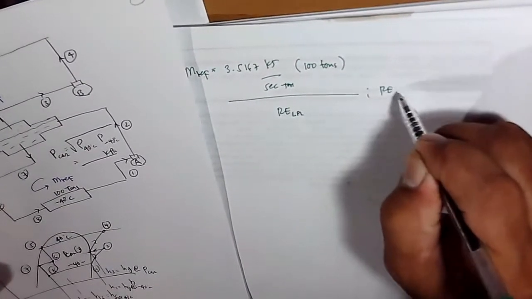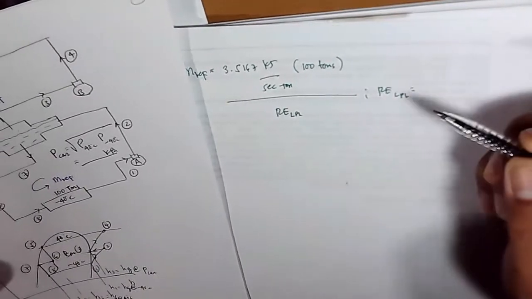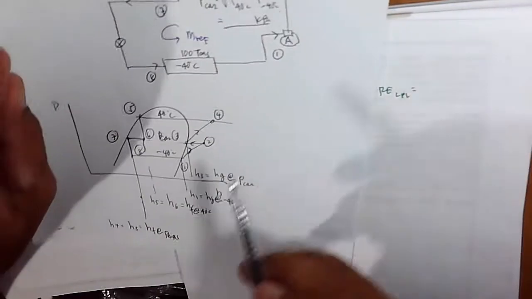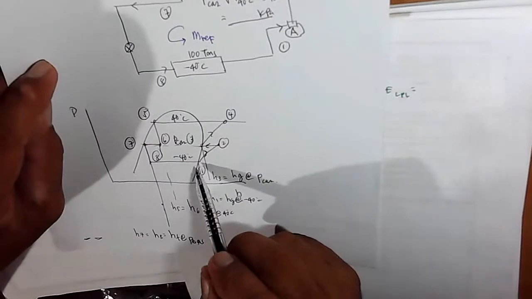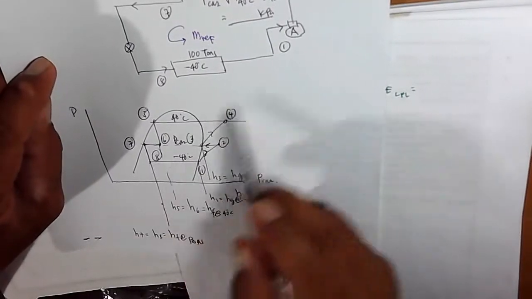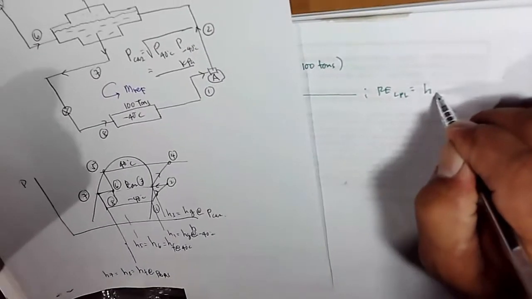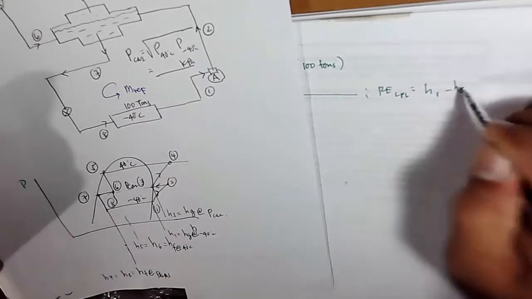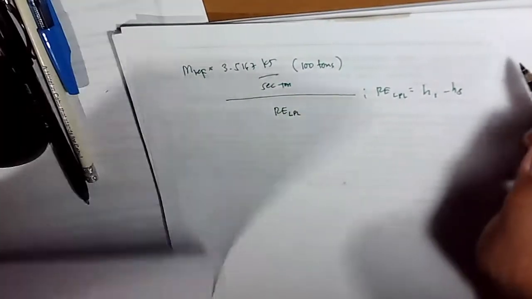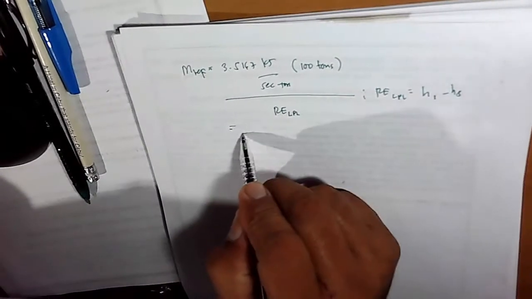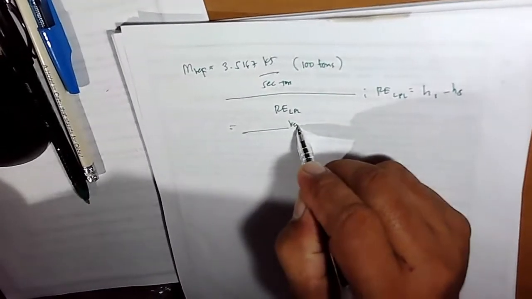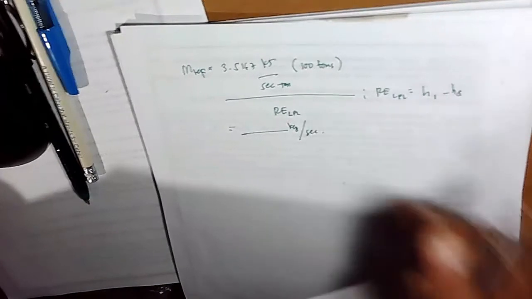Your RE, low pressure loop, is just equal to H1 minus Hf, H1 minus H8. So you can have values there in kilogram per second.